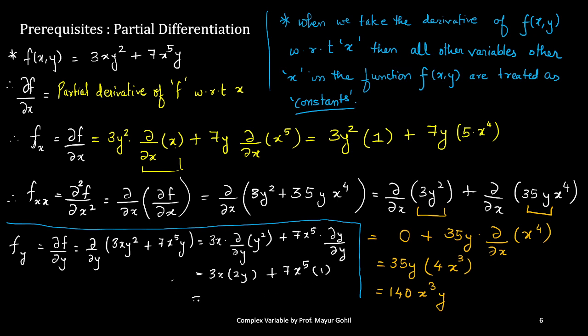So my final answer will be 6xy plus 7x raised to 5. That is the partial derivative with respect to y. Okay, so this is how we calculate the partial derivative with respect to y and with respect to x.